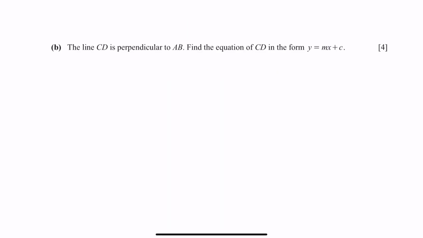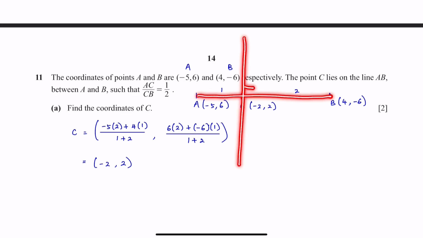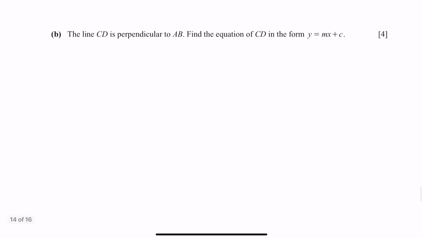Part B. The line CD is perpendicular to AB, and find the equation of CD in the form of y equals mx plus c. So this is our line AB, and CD would be perpendicular to the line AB, like this. So if it's perpendicular, we first need to find the gradient of line AB.